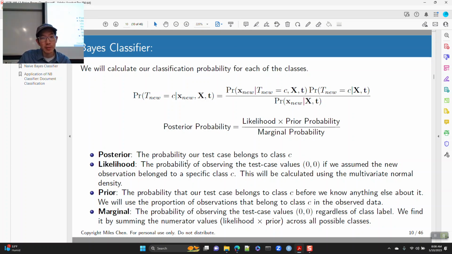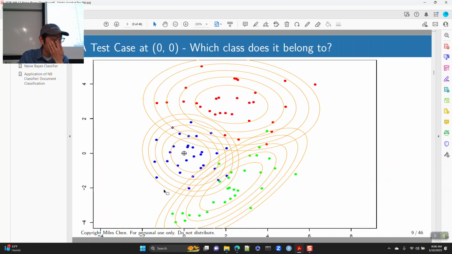We calculate the posterior probability for all 3 classes: the probability that 0,0 belongs to red, to blue, and to green. Those 3 probabilities will add up to 1.